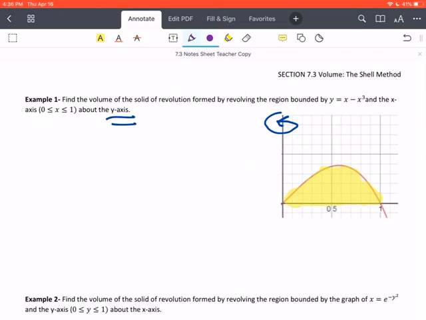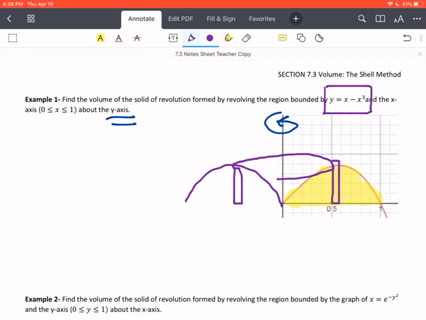So we are going to keep this function written in terms of x, and we are going to draw a representative rectangle that is parallel to our axis of revolution. And we're going to kind of picture, okay, if we draw in the mirror image and I redraw that representative rectangle, we're going to picture a cylinder that is formed when you rotate this rectangle.